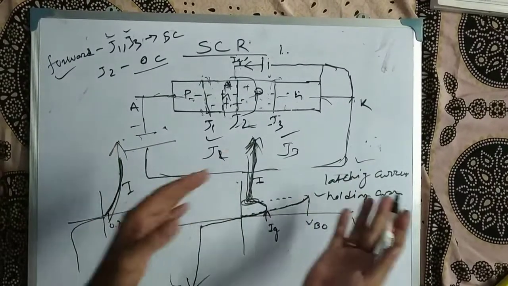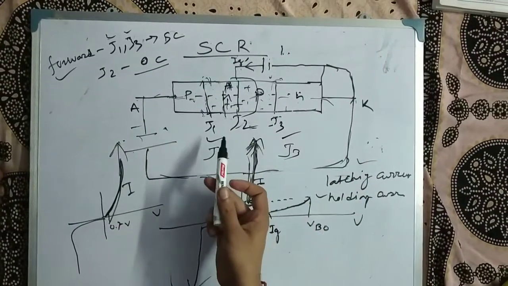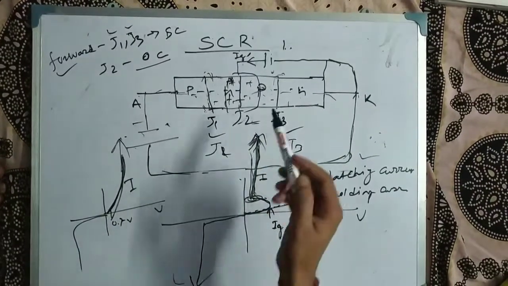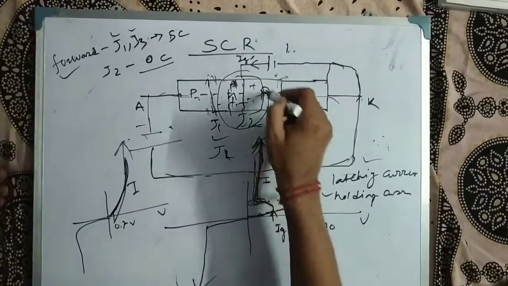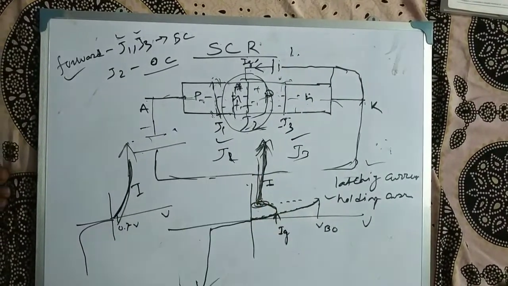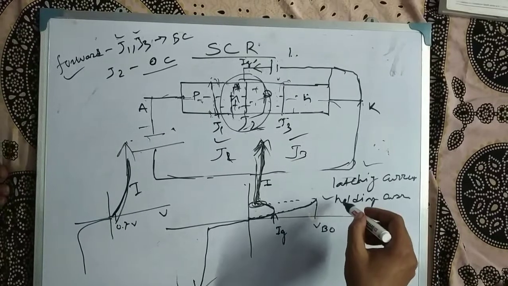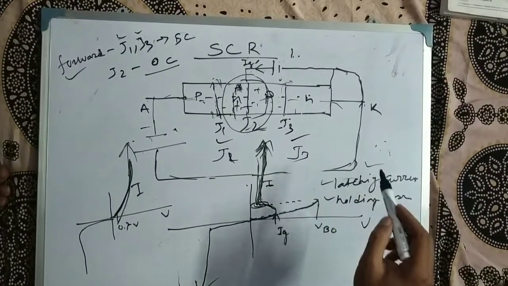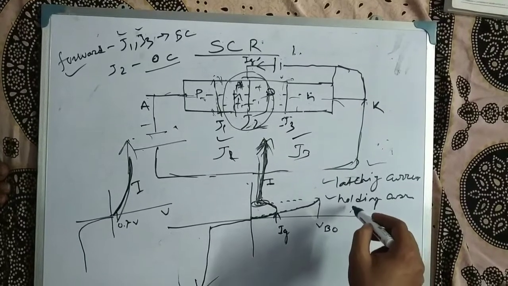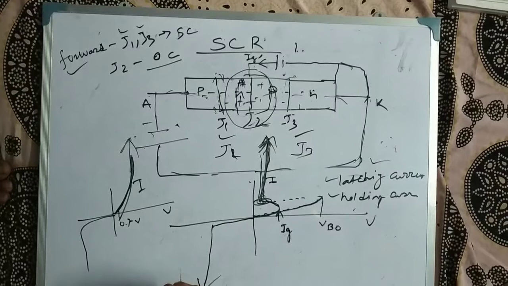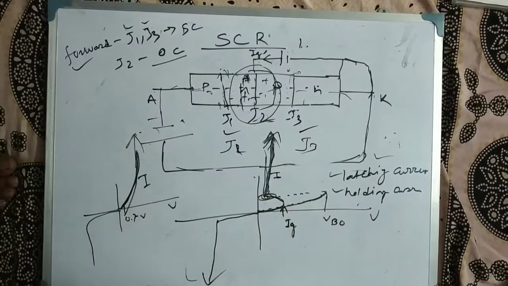Then it returns to its virgin state, and the thyristor will not conduct again. So we have to carefully note this: the latching current is greater than the holding current. Holding current is the minimum current below which the SCR stops.